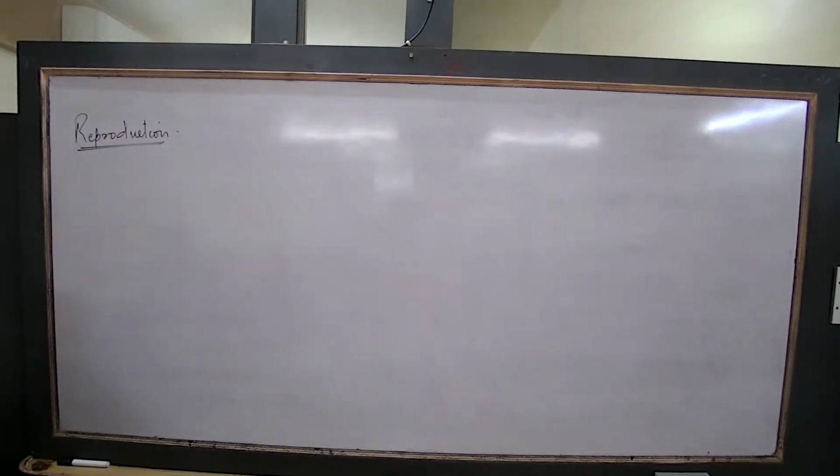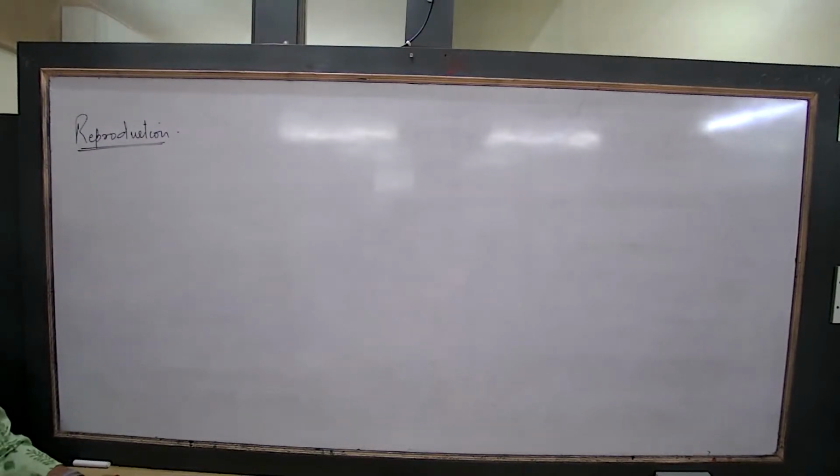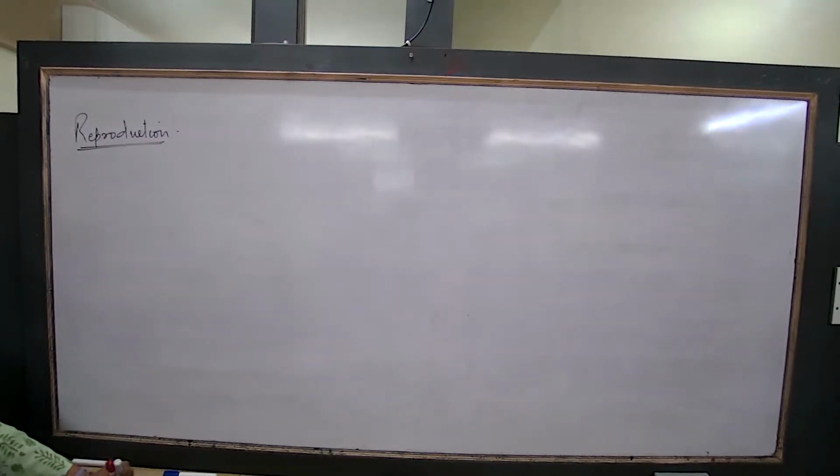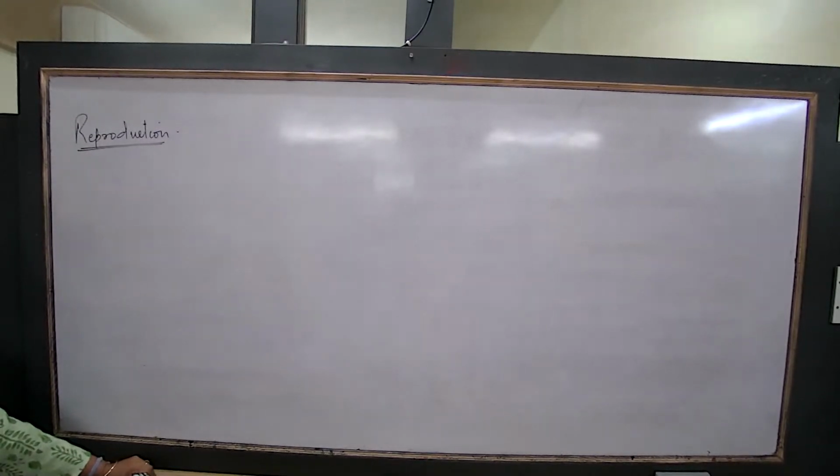Anyway, the first portion will be wound up before the 30th. So in case you find out that it is possible to come on those Tuesdays, then after this chapter is over, if I am doing essential now, so another 3 lectures maximum. In 3 lectures this chapter is over, then our environment, one lecture.